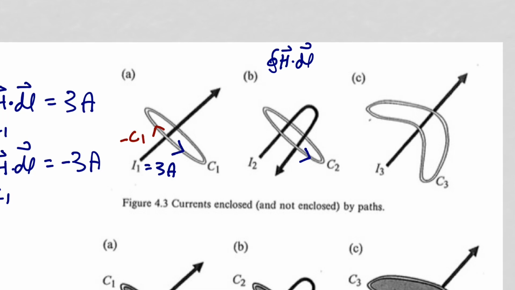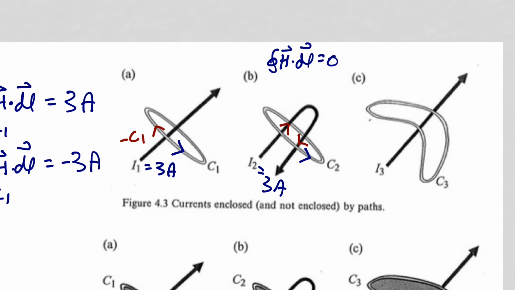So you have 3 amps flowing in this direction through the path and 3 amps flowing in this direction through the path. So those currents sum to 0, so the integral of h dot dl is going to be 0 around path C sub 2.